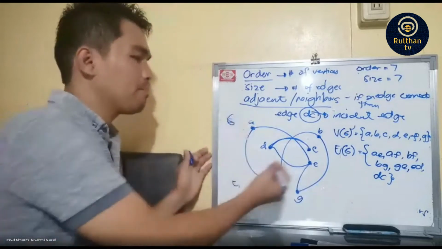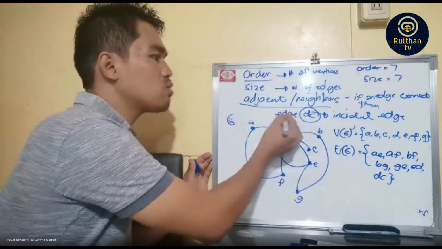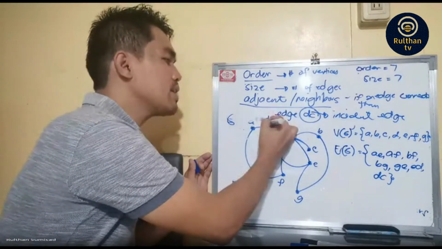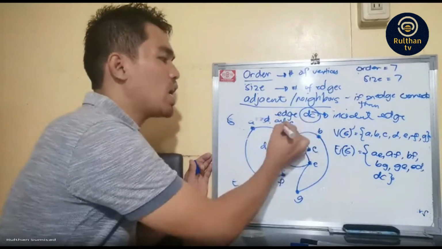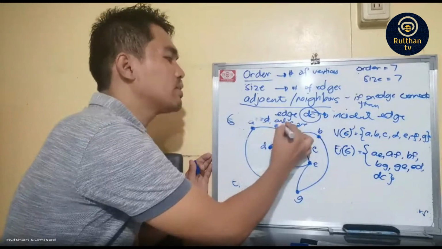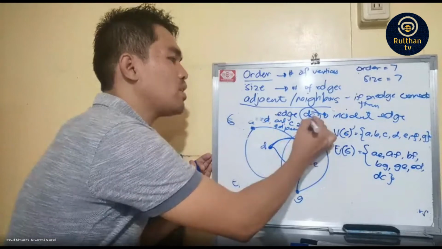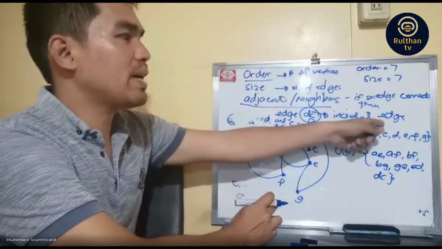In this case, D and C are neighbors because of DC, which is the incident edge.